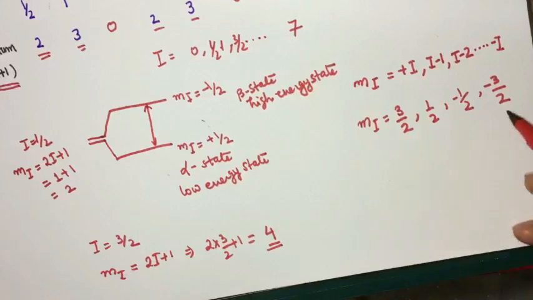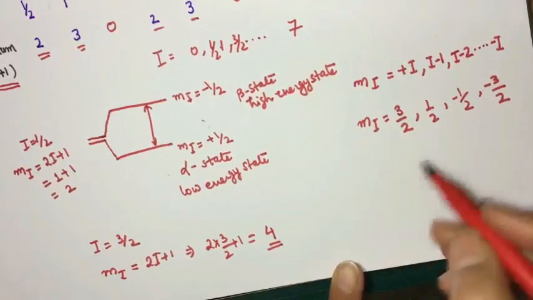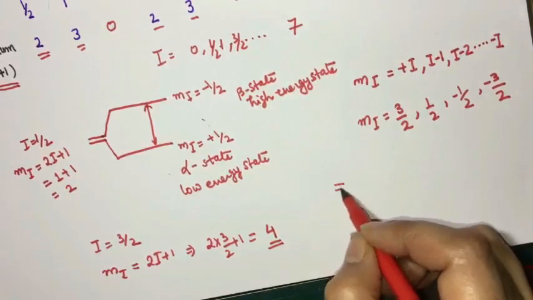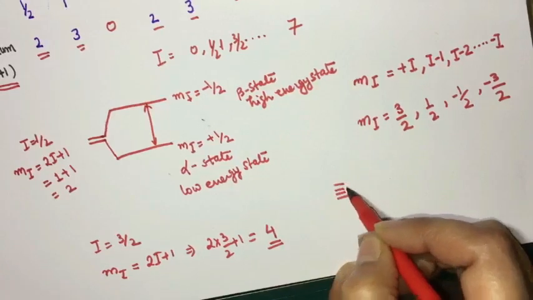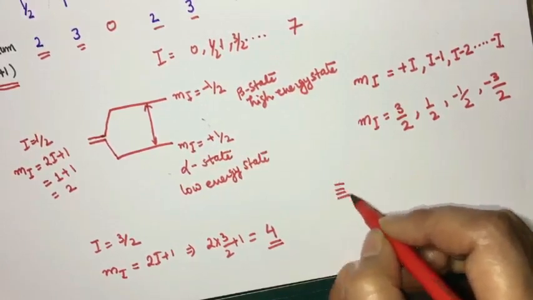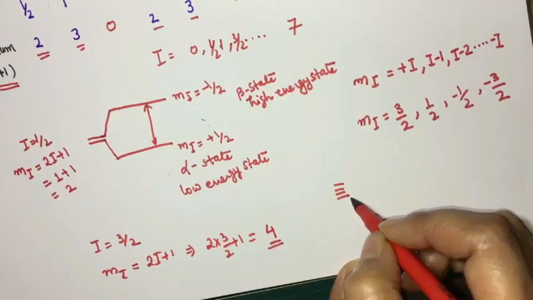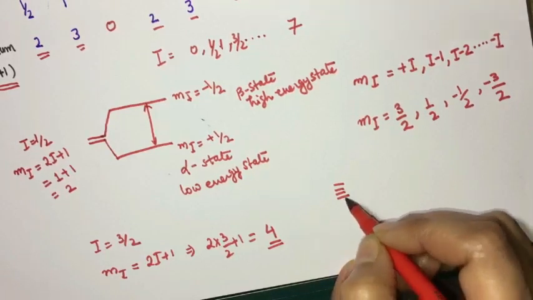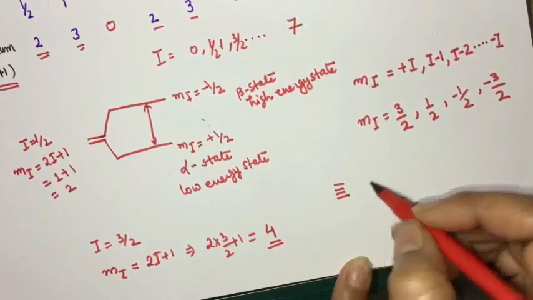So it has 4 different values. According to these values, in the absence of an external magnetic field, all 4 energy states are degenerate, and again I am saying these are all equally populated.